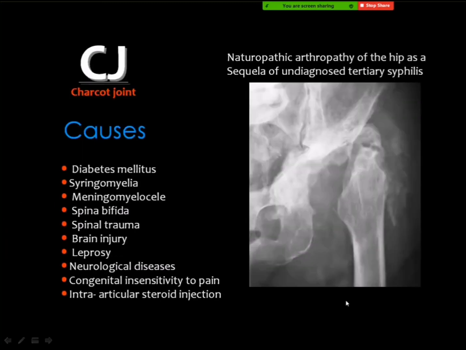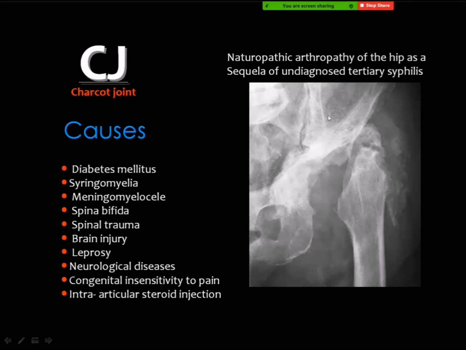These destructive changes are usually referred to by the 5 Ds or the 6 Ds, as you know, and these are the causes. Diabetes is at the top, and some neurological abnormalities like syringomyelia, spinal dysraphism, spinal trauma, and so on.